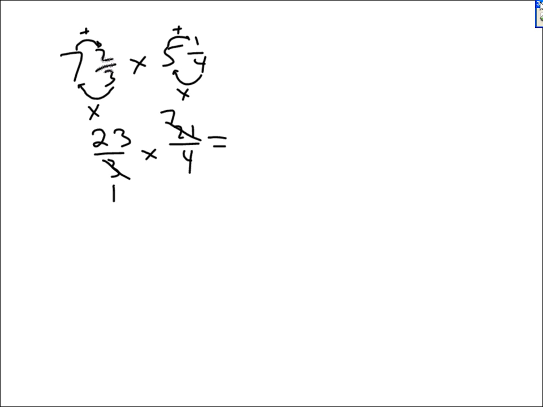No other reducing can be done. 23 times 7 is of course 161. And 1 times 4 is 4.